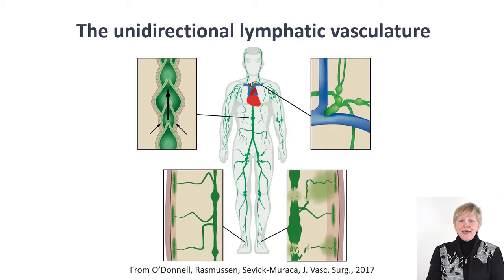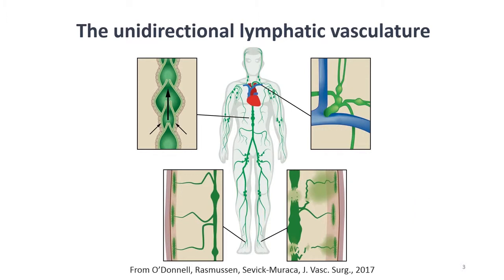Along the way, that lymph transits through lymph nodes where immune surveillance occurs. Eventually, that lymph empties into the supraclavicular vein, where all that material, the waste products and immune cells, are returned to the blood system so that the waste products are metabolized by the liver. The immune cells go out and fight infection, and the fluid is restored to the vascular system so that we have fluid homeostasis.